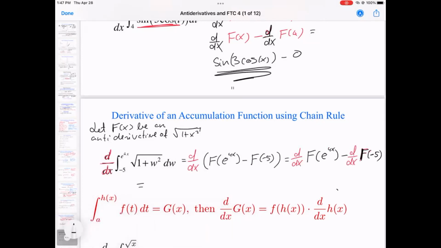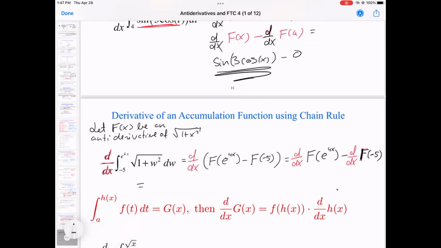I'm taking the derivative of a composite function of capital F and e to the 4x. I don't know what capital F is, but I don't really need to.